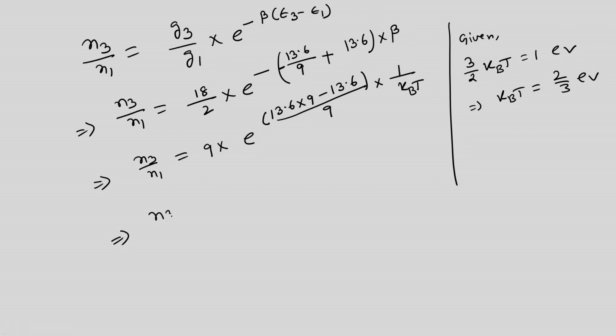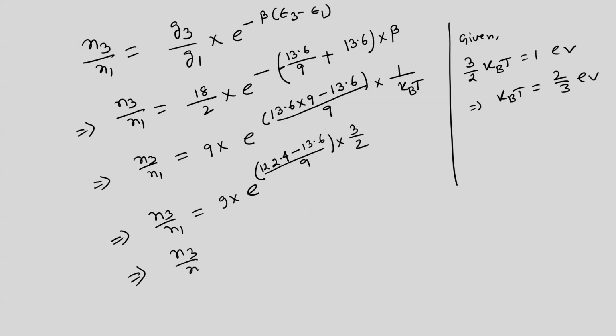So, we get N_3 by N_1 is 9 times e to the power.